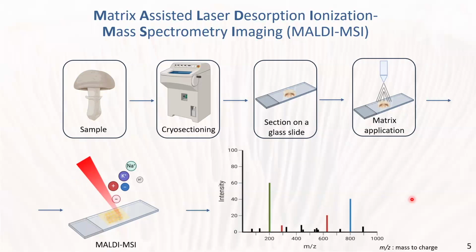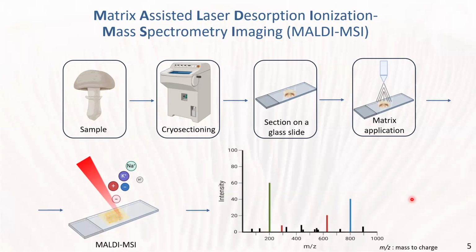Here, there's an example of three different compounds. So a mass spectrum is mass to charge ratio versus intensity. So we are here measuring the mass of electrically charged molecules. So that is what mass to charge is.